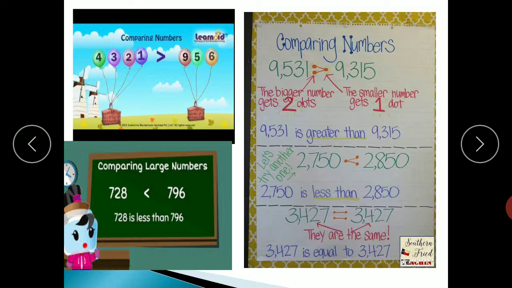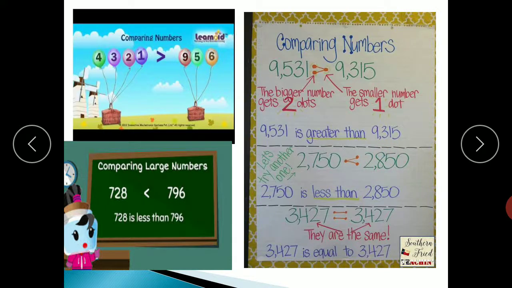Next one, 2750 and 2850. Which is the greatest number? How do we have to imagine? We have to check the number in the thousand place. Here it is 2, here it is also 2. Next, in the 100 place 7 is there, and here in the 100 place 8 is there.